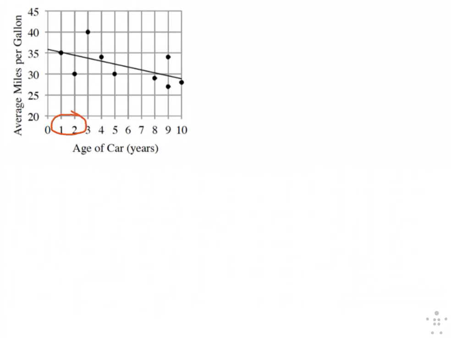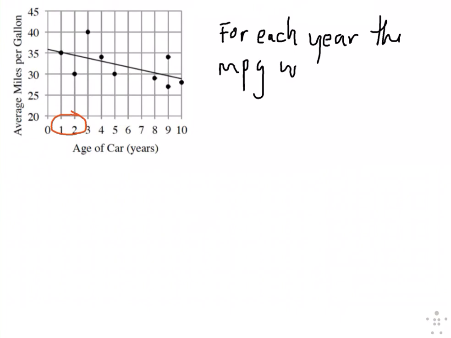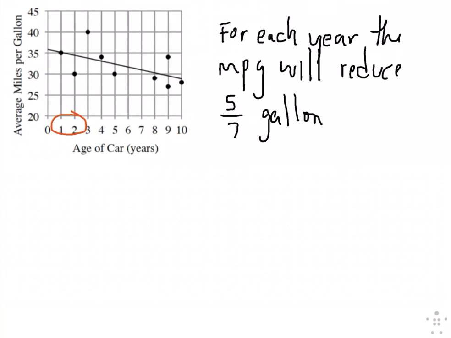So for each year, the miles per gallon will reduce, because it's negative, by 5/7 of a mile per gallon, which is pretty substantial. That's almost a mile per gallon each year. Okay, so that's the slope.